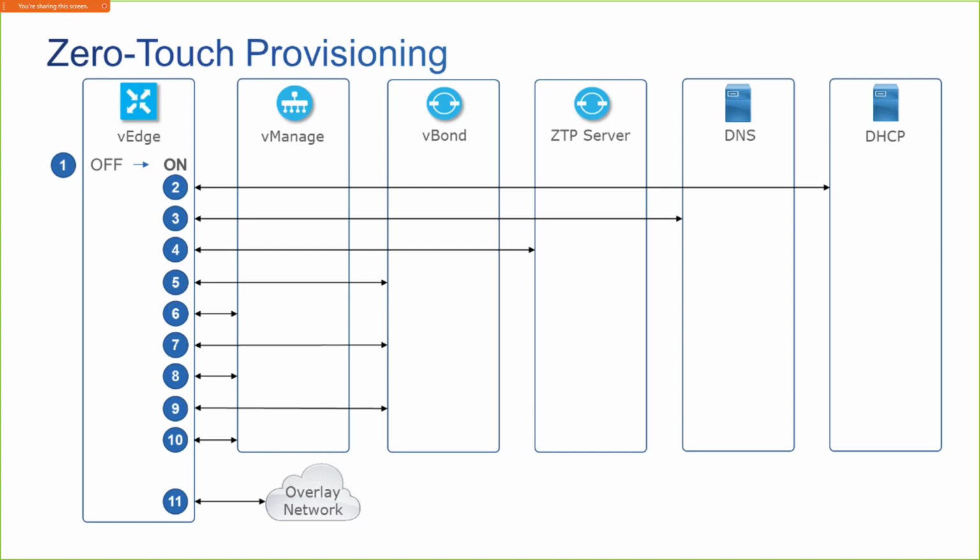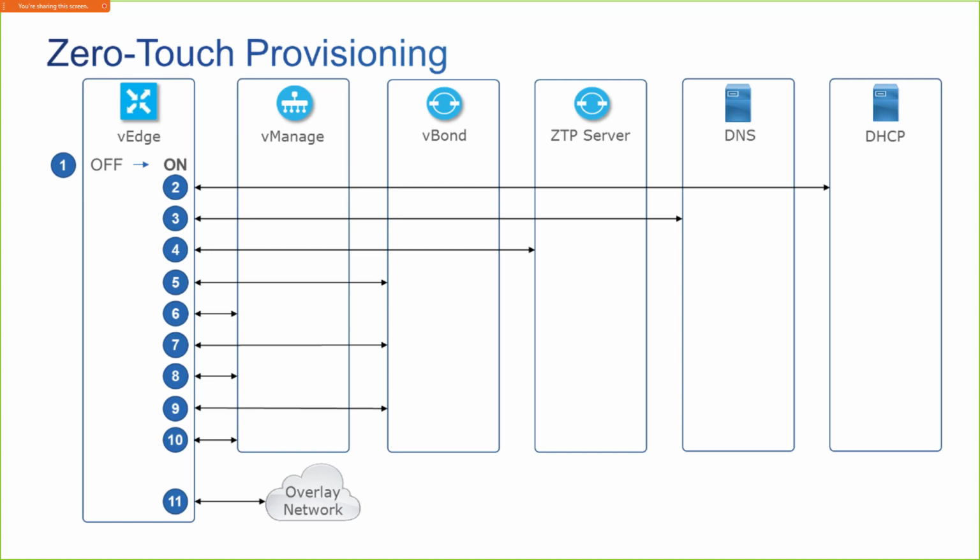Then the vEdge device reaches the ZTP server, which is circle number 4 in this case, and the device presents its chassis ID, serial number, certificate, etc. We talked about that in the previous lesson, to authenticate itself to the ZTP server.